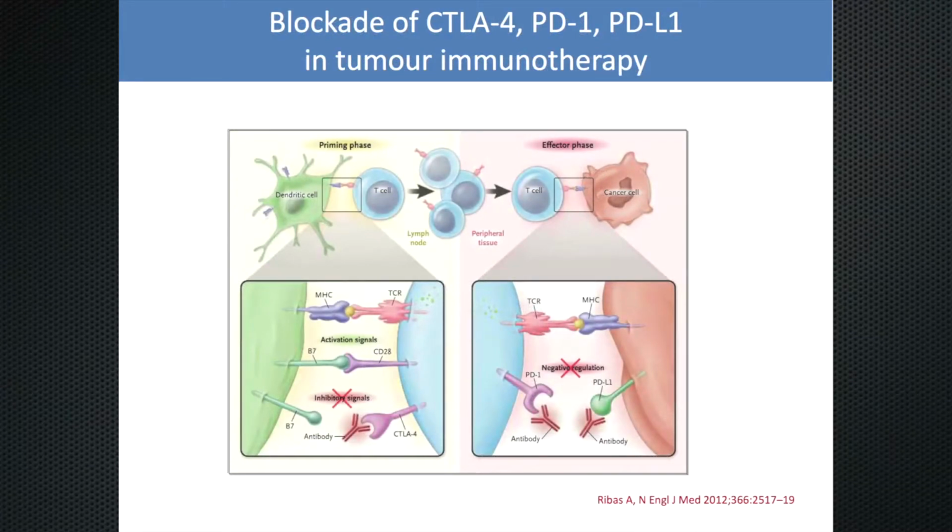Now, the next important breakthrough, which was already alluded to by Antonio Lazzavecchia, is that of the checkpoint inhibitors, which should give us the possibility of rejuvenating, so to speak, the T cells and activating them.